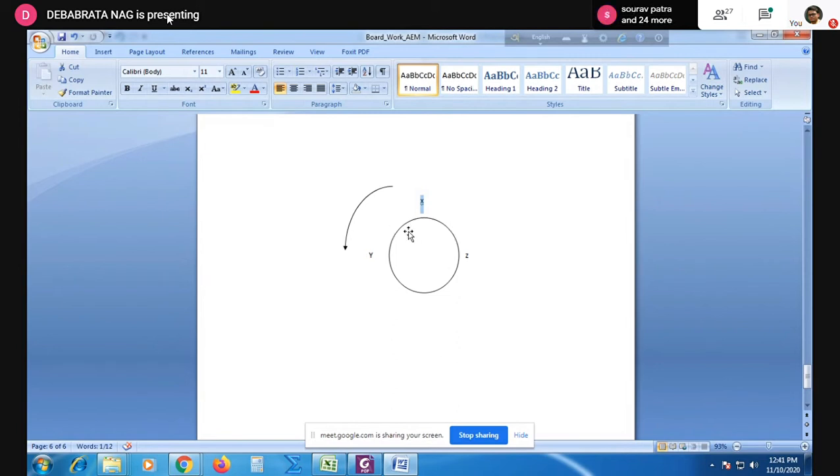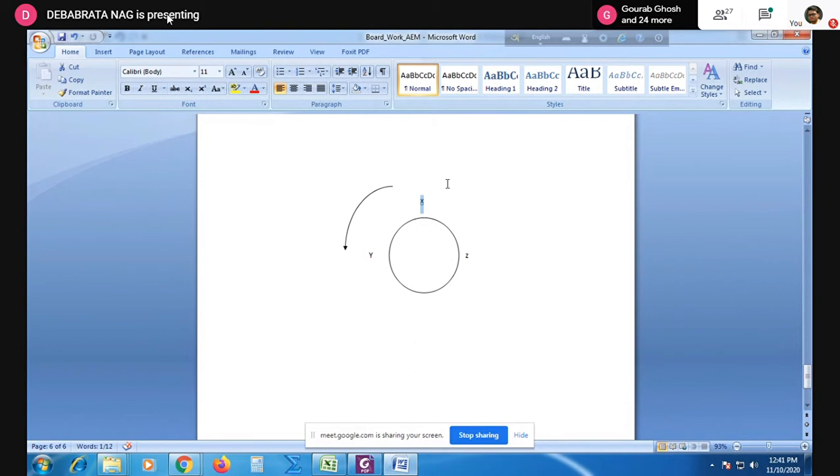So summation My will become, again I said, minus Ixy omega dot x plus Ixz omega x square, and the third equation becomes summation Mz equal to minus Ixy omega x square minus Ixz omega dot x. So that will be the equation when I choose the x-axis as the axis of rotation.